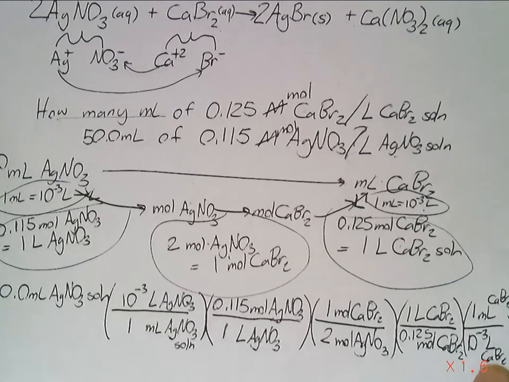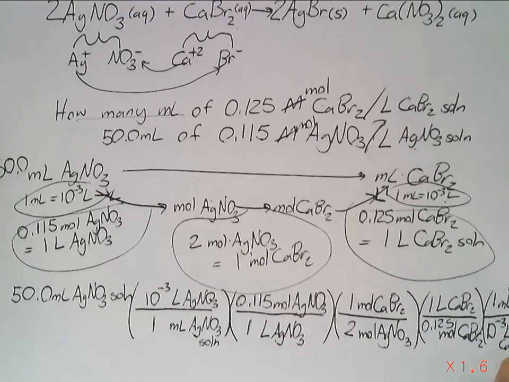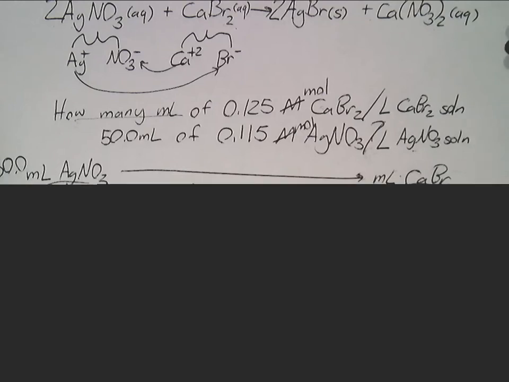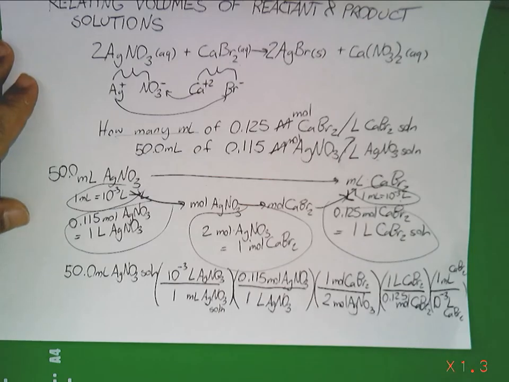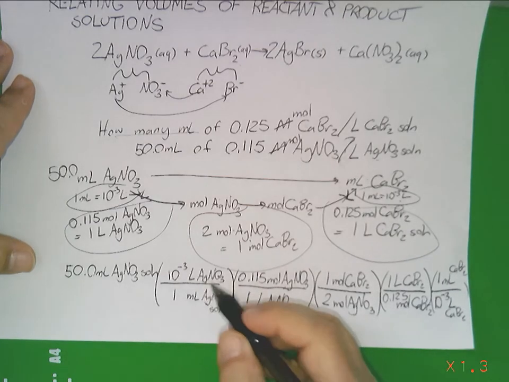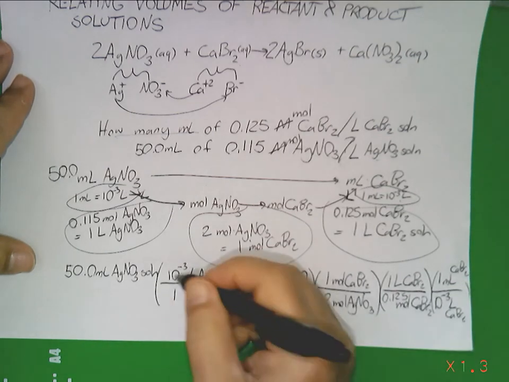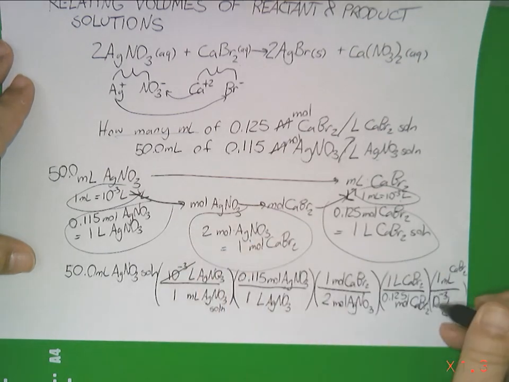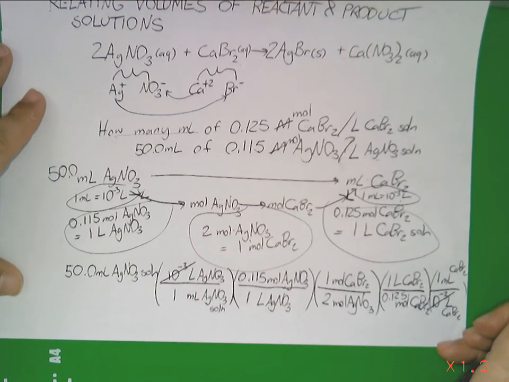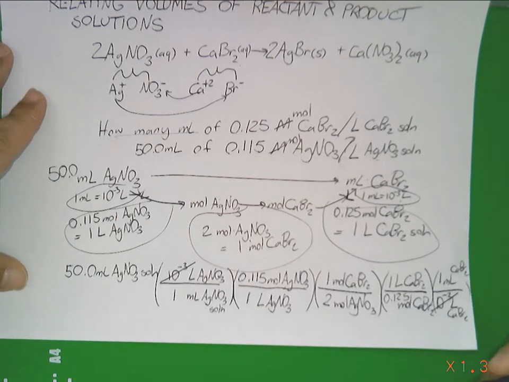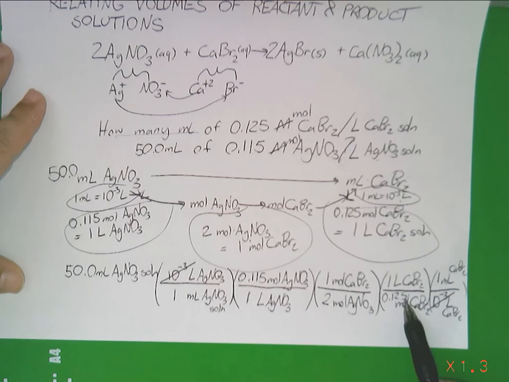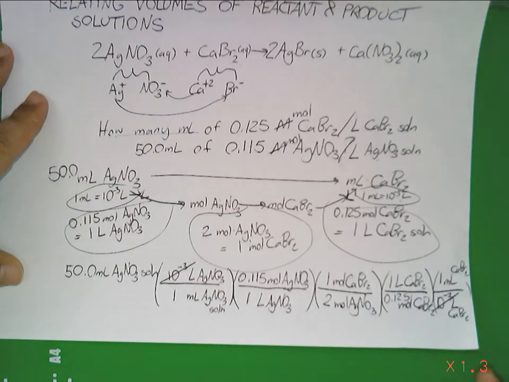Now notice when I set it out in a big long chain like this, I can see there's some things I don't need to key in. Here, this and this will cancel, the 10 to the minus 3 on top and the 10 to the minus 3 on the bottom. So this is going to be 0.115 divided by 0.125, which is a number a little less than 1, and that's a half.